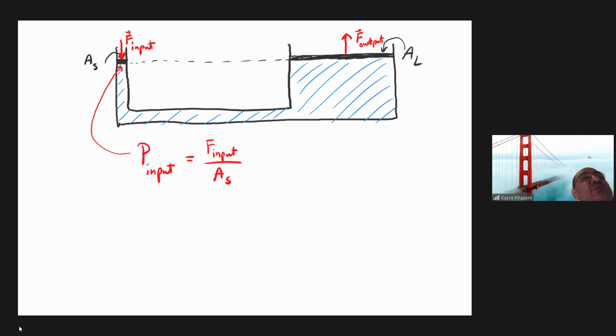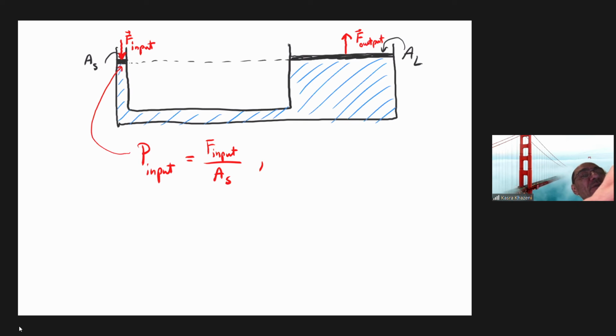That pressure will then be transmitted, due to Pascal's principle, all the way through the liquid and shows up at the other piston.